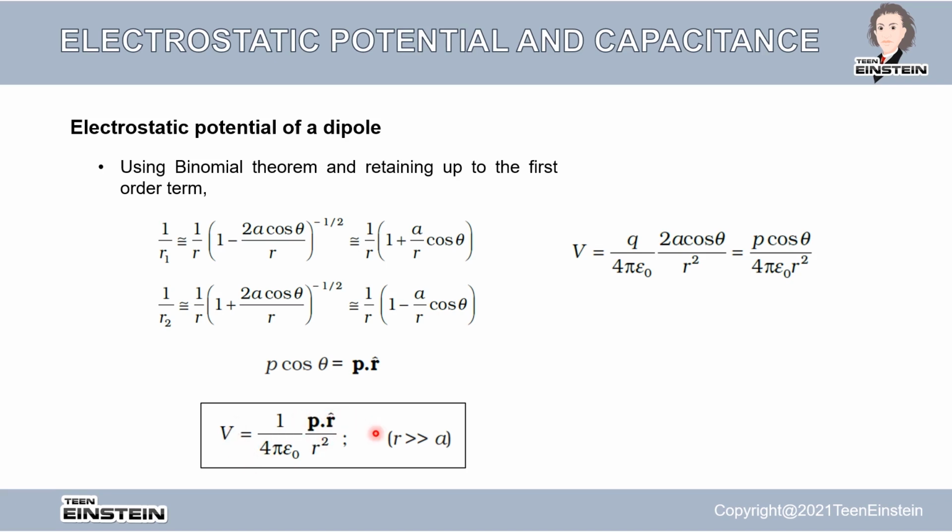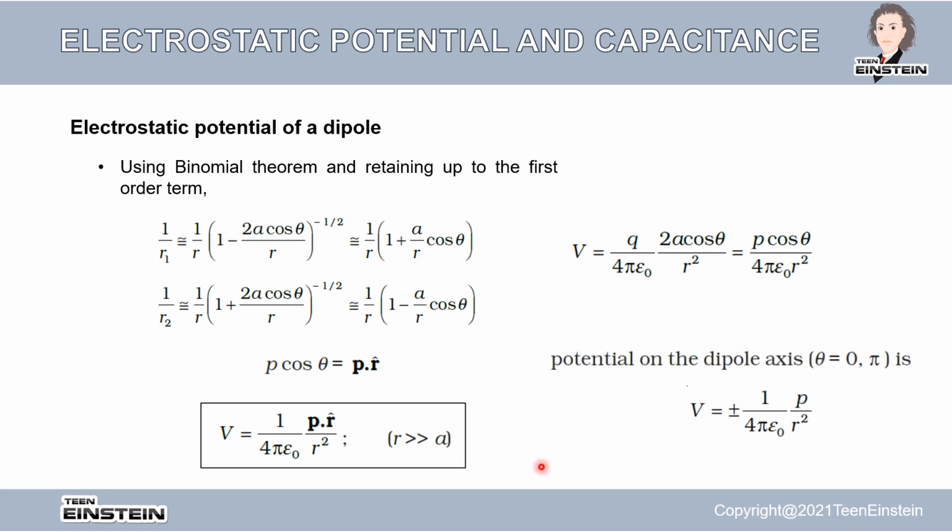So this is the final expression for V at the point r from a dipole. This is the electric potential of a dipole at a point P, and this condition is important. This is valid only when r is much greater than a, because then we took the liberty of ignoring a squared by r squared in the equation.